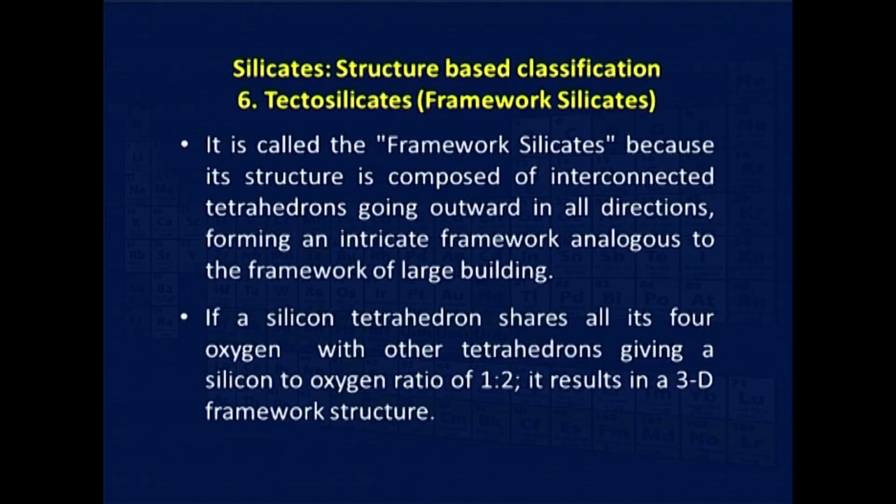It is called the framework silicate because its structure is composed of interconnected tetrahedrons going outward in all directions, forming an intricate framework analogous to the framework of a large building. If a silicon tetrahedron shares all its 4 oxygens with other tetrahedrons, giving a silicon to oxygen ratio of 1:2, it results in a 3-dimensional framework structure.